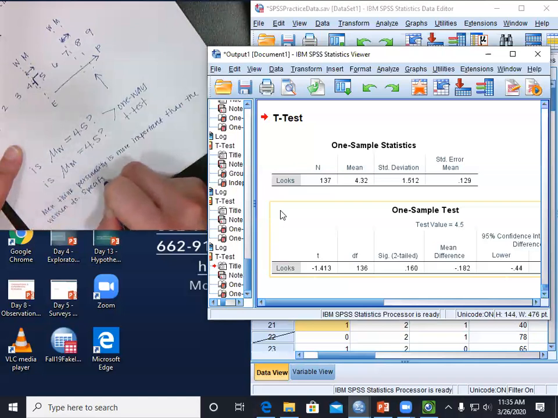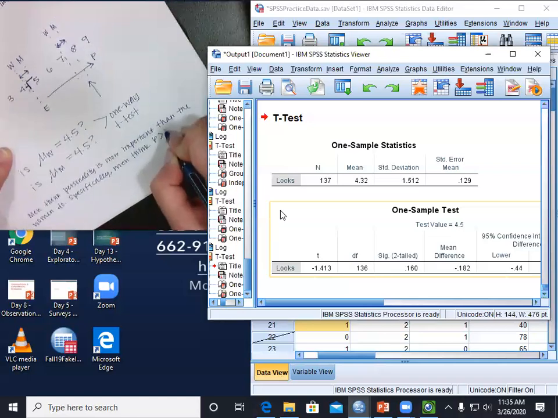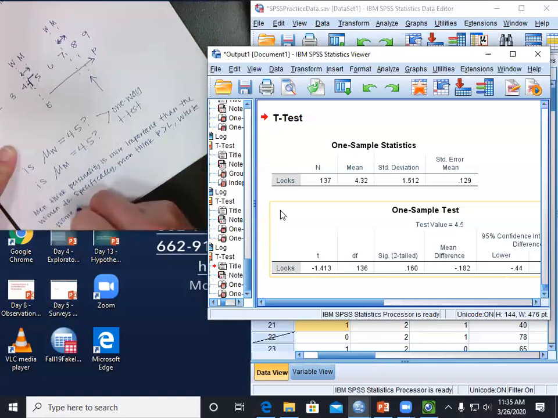Specifically, men think personality is more important than looks, while women think personality and looks are equally important.